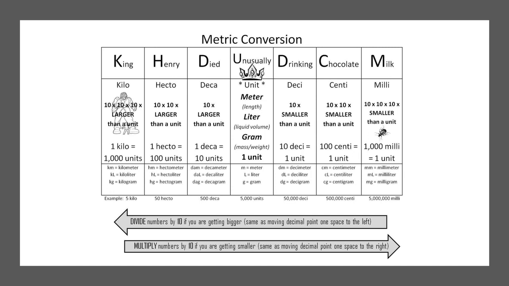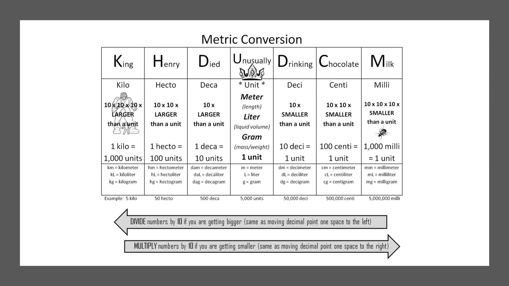So you have a unit that's right there in the center. Meter is the unit for length, liter for volume, gram is for mass or weight, and the abbreviations for those are right below them. And then you have prefixes that you put ahead of the units that tell you exactly how many of those units you're using.